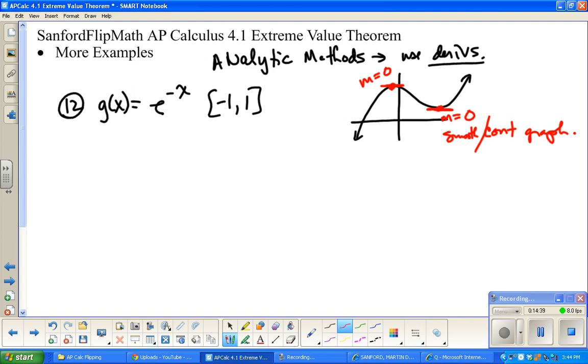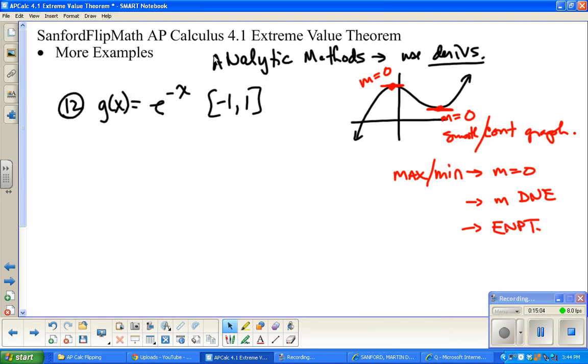So one of the places where we could have a max or a min is where the slope is 0. Another is where the slope doesn't exist. And another would be at an endpoint, or the other endpoint. So if I just look at this graph from here to here, this would be a max, and this would be a min, if I'm only looking at that interval.